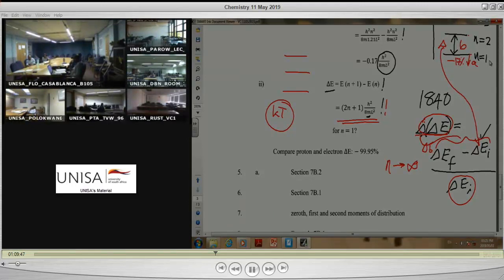So we will end up with this being 8 times 2000 m L squared. So it means delta E final here, in this difference here.